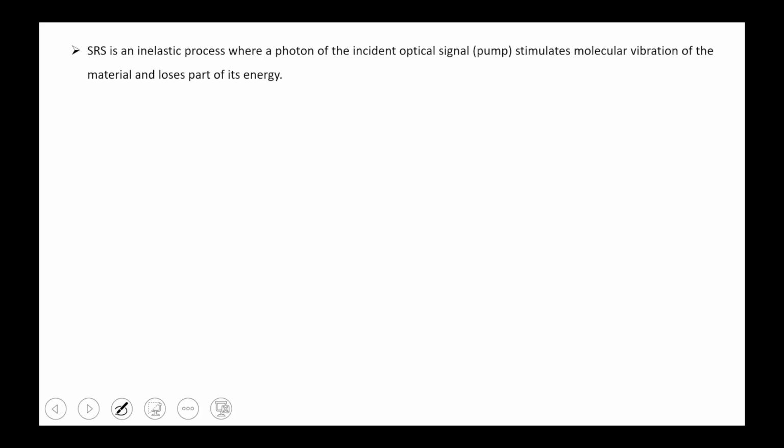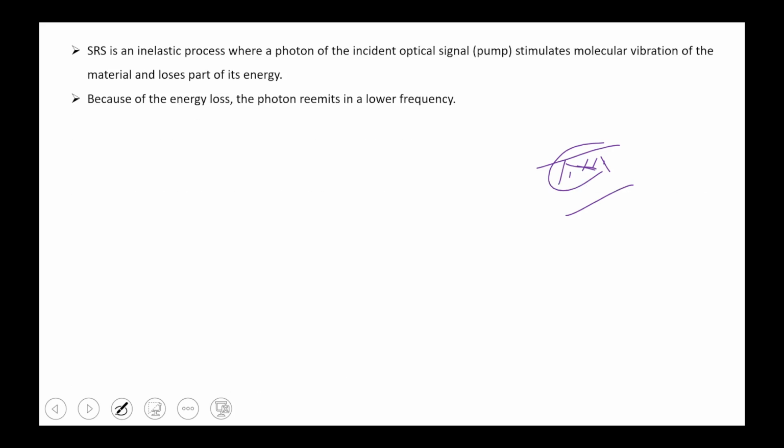In SRS also, the incident optical power causes vibration of the material, and due to the vibration the photon loses its energy.